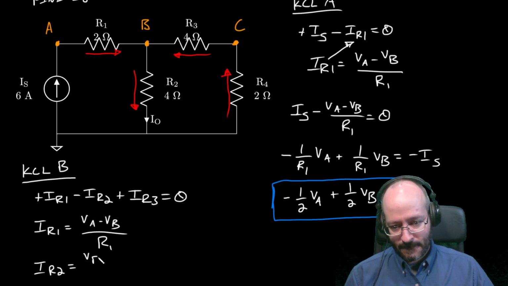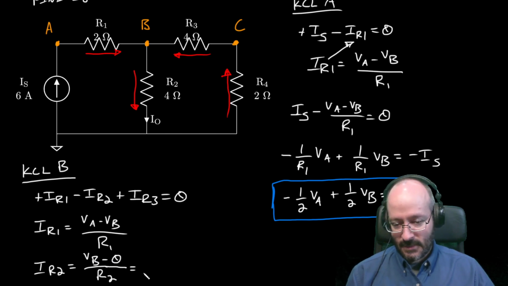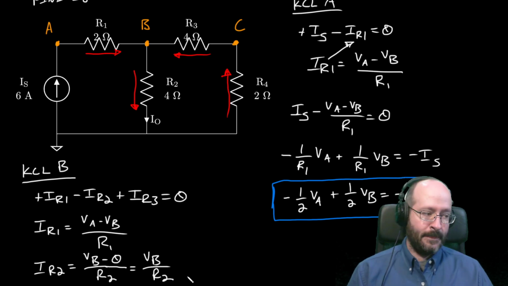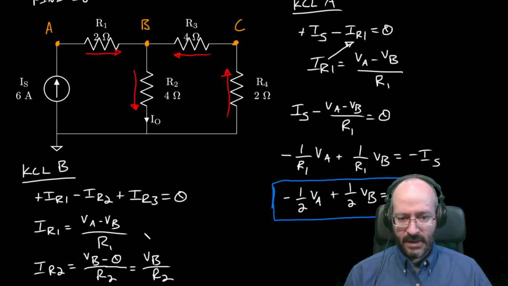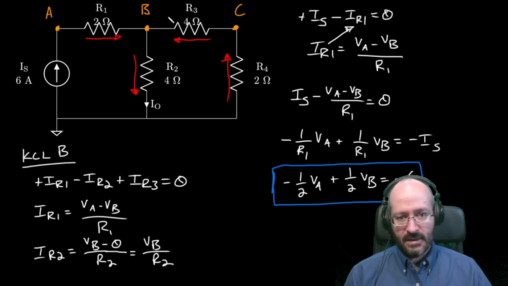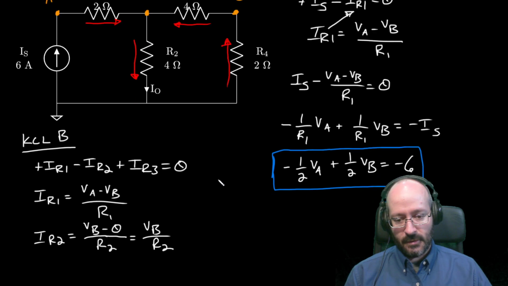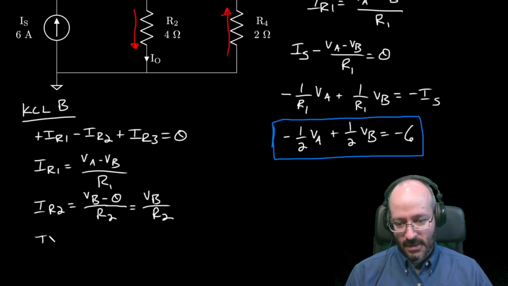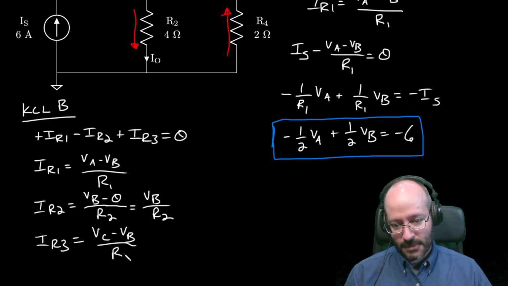VB minus 0 over R2, which of course is just VB over R2. All right, where's the last one? IR3, so it's going to be VC minus VB over R3. Okay, so I got to scroll off the screen, sorry about that. VC minus VB over R3.